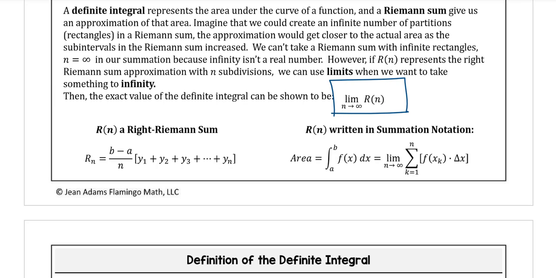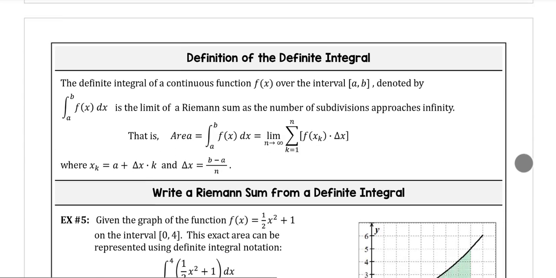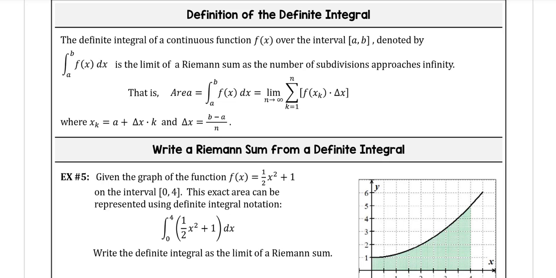So we're just going to keep making smaller and smaller subdivisions. And by doing that, what we end up doing is creating our definite integral there. So our definite integral, our area under the curve, is defined as the limit as n approaches infinity of our sum of rectangles.